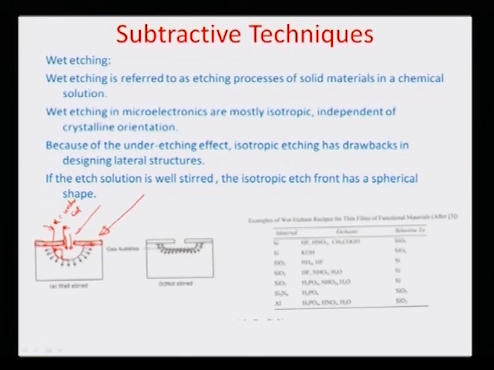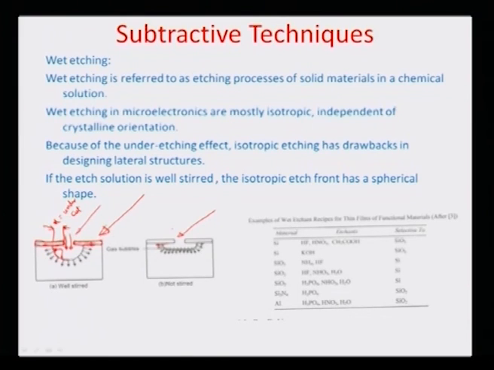If the etching was not homogeneous, for example, as illustrated here, the etching may be a little more directional. In this case, you can see the etch rates are more towards the side, so lateral etching is more, and it would result in different shapes based on the directionality of the etching.